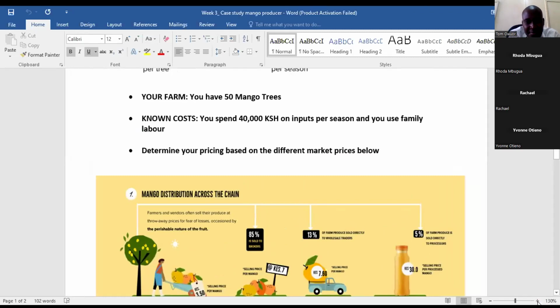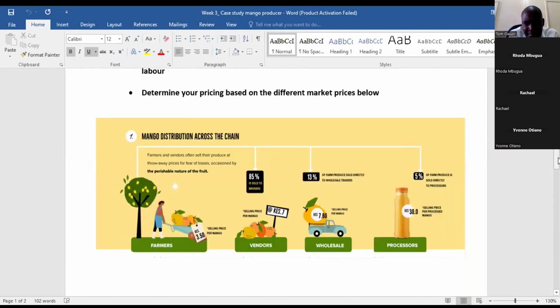85% is sold to brokers. Then 13% of farm produce is sold directly to wholesale traders, at a selling price of 7 shillings 60 cents per piece at wholesale. Then 5% of farm produce is sold directly to processors.